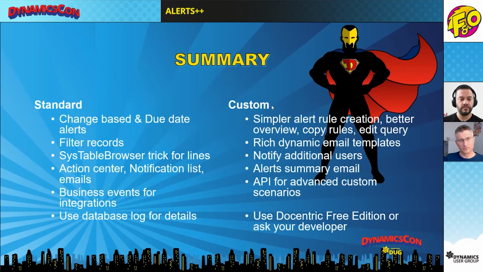Then from customization, we have seen simpler alert rule creation, a better overview, how to copy a rule, edit the query, and do other kinds of modifications. Rich dynamic email templates with placeholders that you can use to create rich, appealing emails. How to notify additional users with just one rule, and how to include multiple notifications in one summary email.